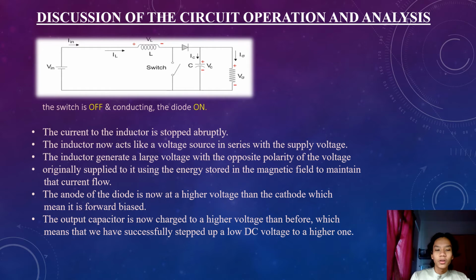Next, the anode of the diode is now at a higher voltage than the cathode, which means it is forward biased. And the output capacitor is now charged to a higher voltage than before, which means that we have successfully stepped up a low DC voltage to a higher one.